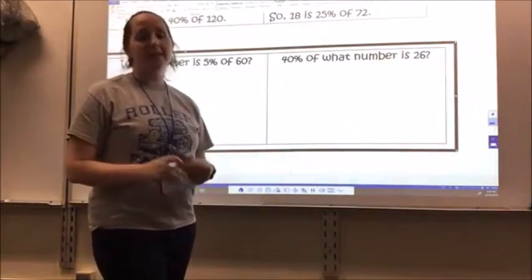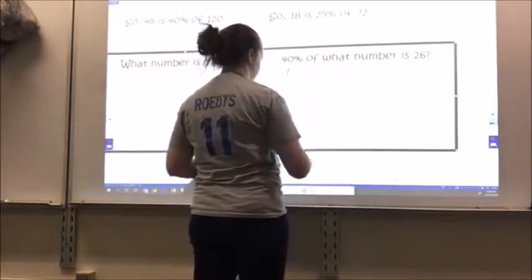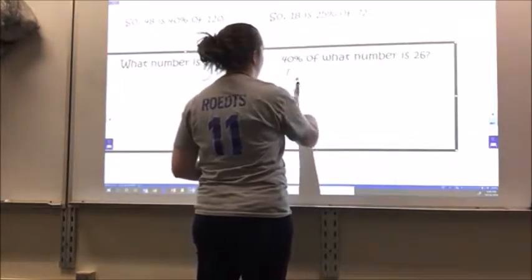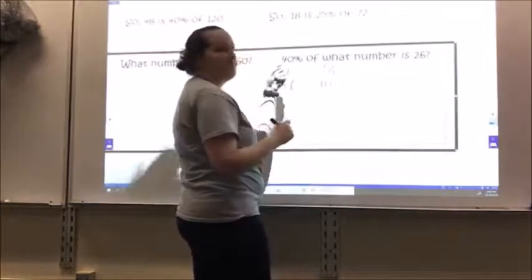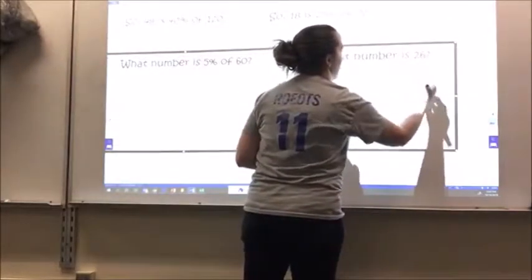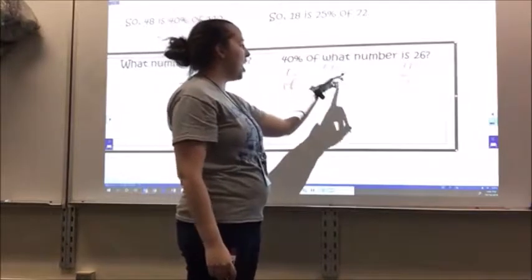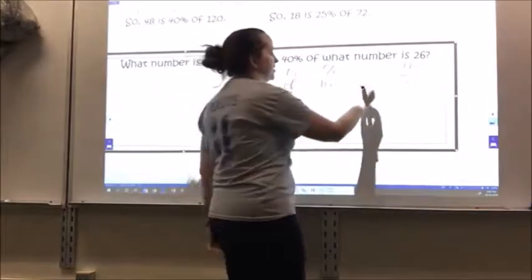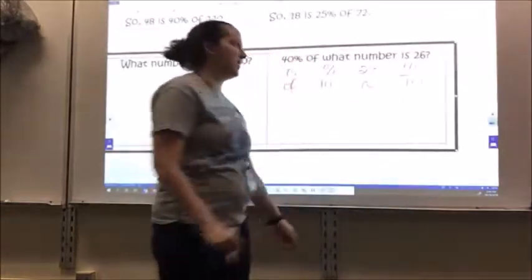The last problem is 40% of what number is 26? Again, I set up my proportion: is over of equals percent over 100. They gave me my percent, 40 over 100. 40% of what number means that's what I'm missing, so I put a variable in for of, and is is 26.